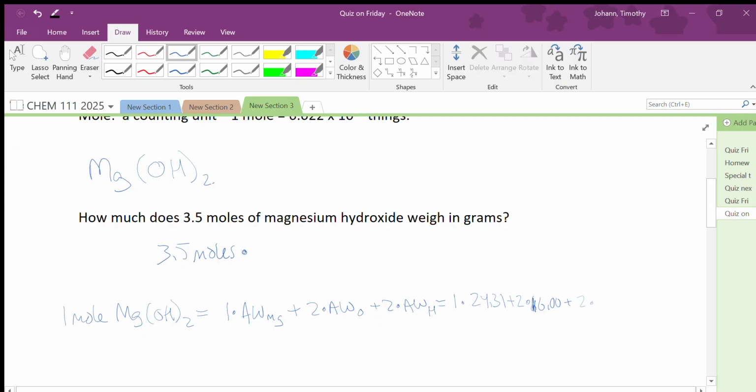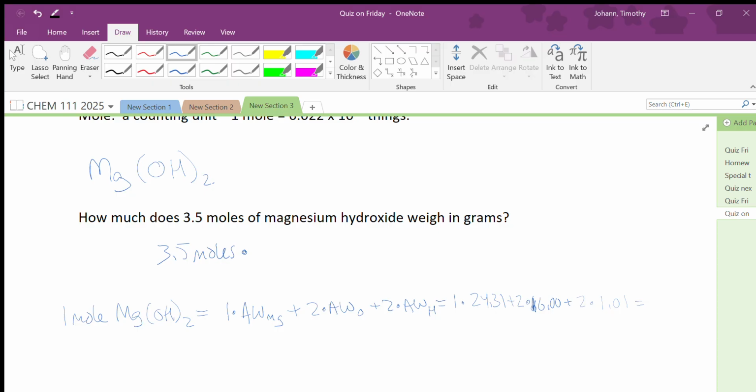All right, how about hydrogen over here? 1.01. All right, and so we can go ahead and multiply all those things through.